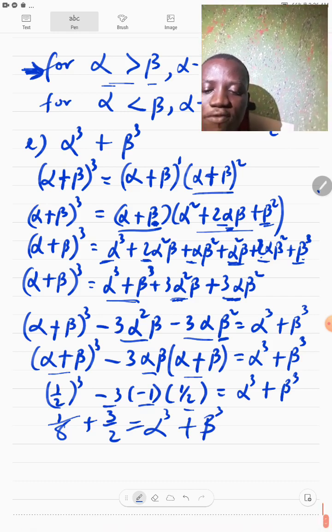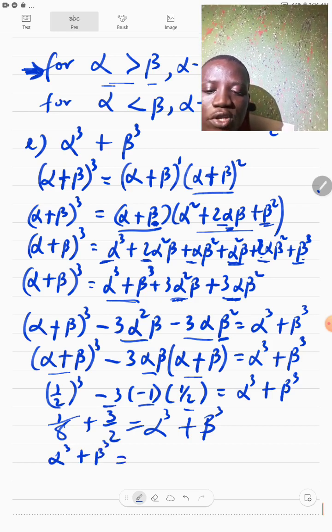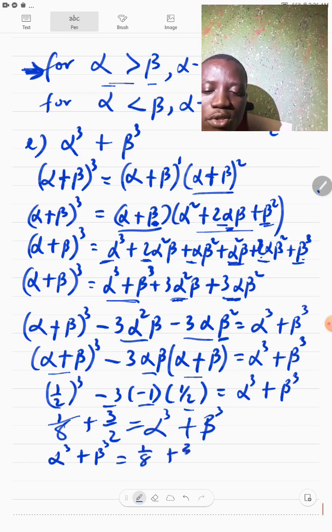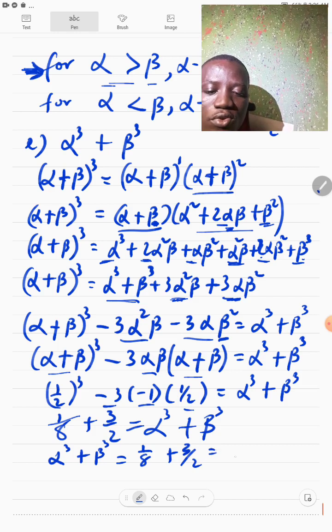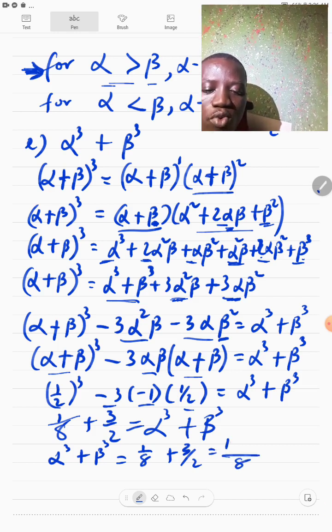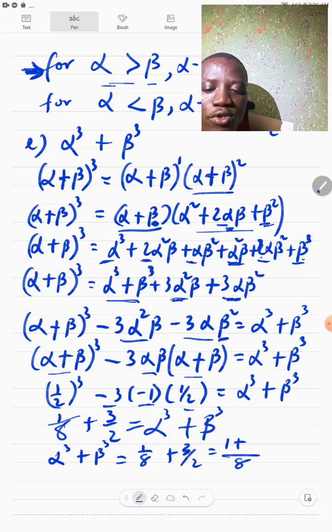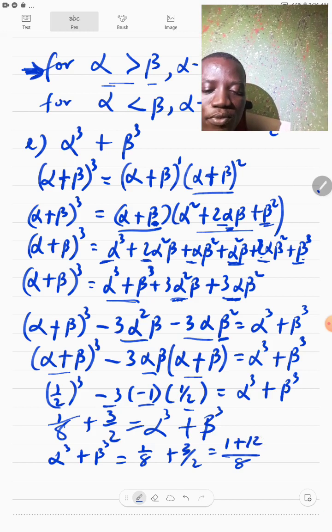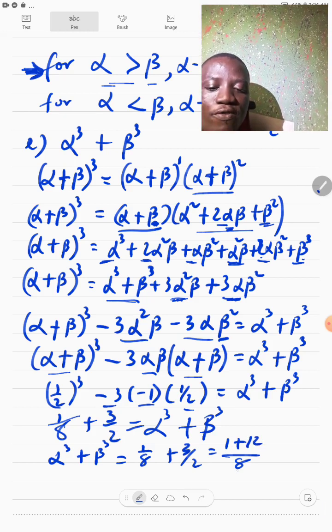Okay, so our value of alpha cube plus beta cube now will be equal to the summation of 1 over 8 plus 3 over 2, which is, we have 8, that will be 1 plus 12, because 2 in 8 will give us 4, and 4 times 3 will give us 12.